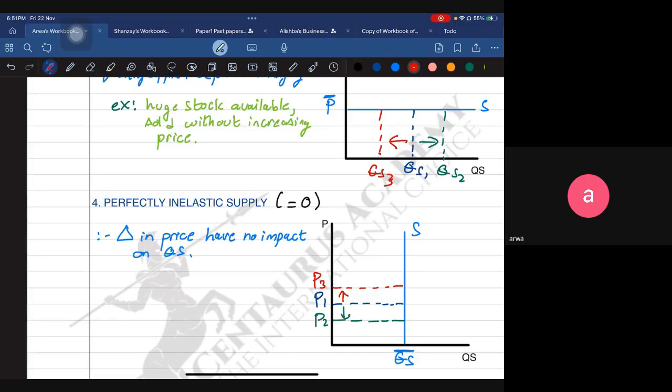So it won't count. I'm not sure. I keep connecting it with inelastic again and again. Think about it. Think about it.